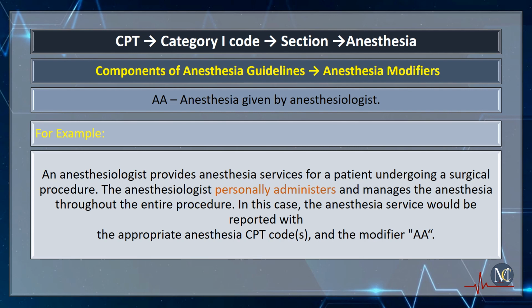The anesthesiologist personally administers and manages the anesthesia throughout the entire procedure. In this case, the anesthesia service would be reported with the appropriate anesthesia CPT code and the modifier AA. It would be appended to indicate that the services were personally performed by the anesthesiologist.